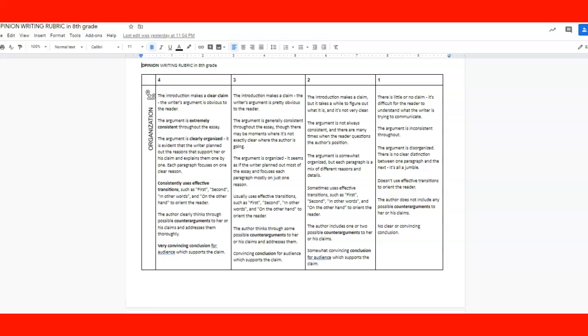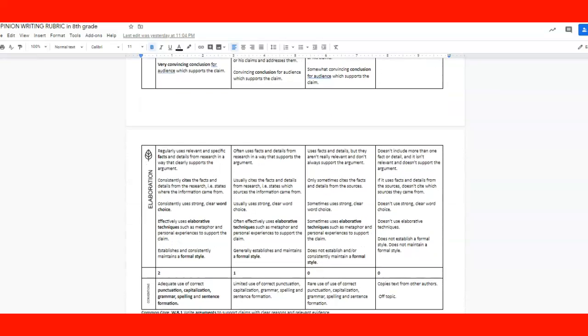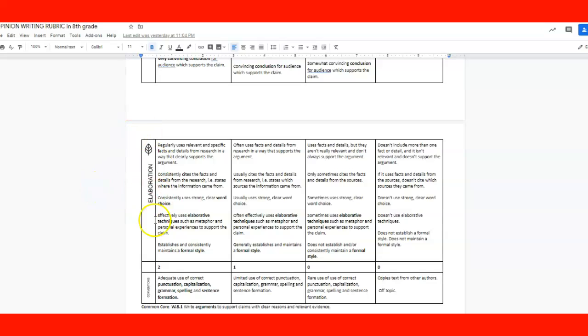The second big area that we're going to be looking at is elaboration. Elaboration is another word for explanation. So, how well are you being able to explain and defend your opinion, your argument of your claim? Best way is having evidence and being able to give us those facts and details, being able to explain the why.